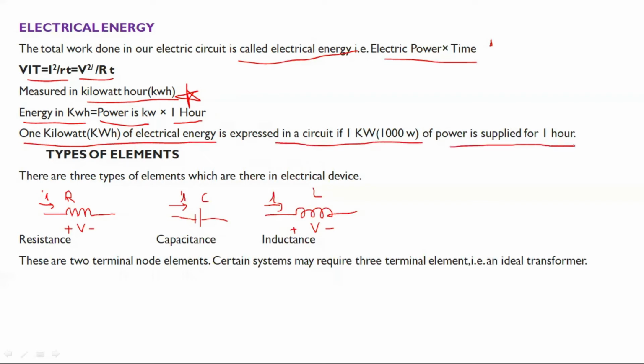So we can define 1 kilowatt hour (kWh) of electrical energy as expressed in a circuit if 1 kilowatt, that is 1000 watt of power, is supplied for 1 hour.